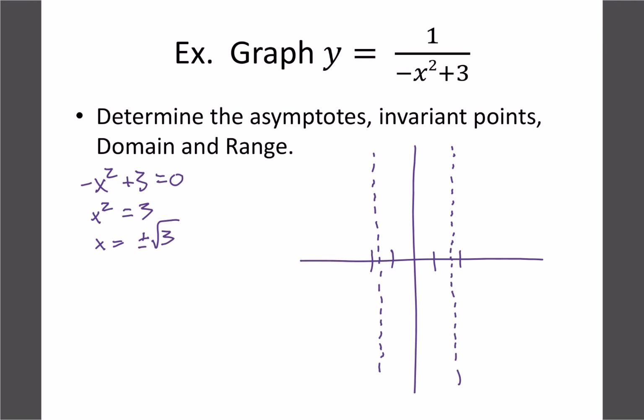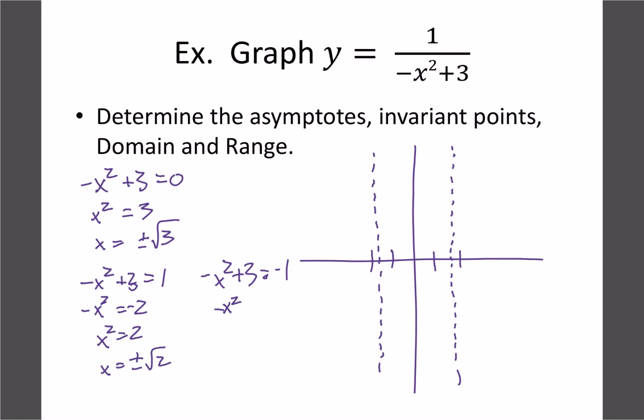Okay, let's do our invariant points. That'll be where minus x squared plus 3 is equal to 1, and minus x squared plus 3 is equal to -1. If we solve those, we get minus x squared equals -2, and if we square root both sides, we get plus or minus root 2. If we do the same thing with the other one, we get -4, and square rooting both sides, we get plus or minus 2.